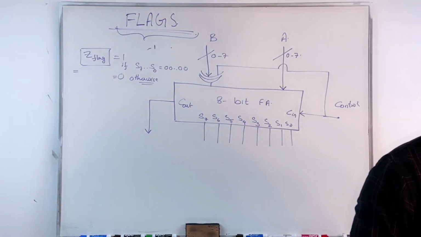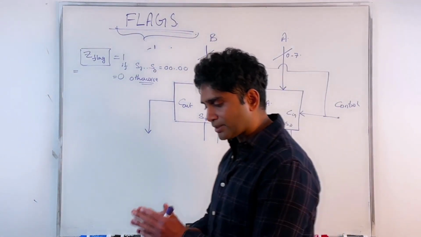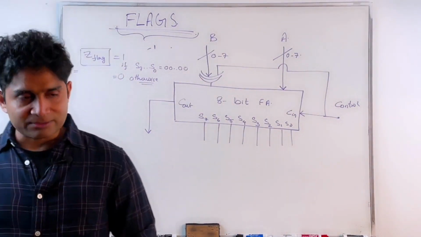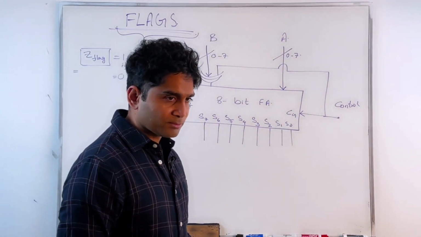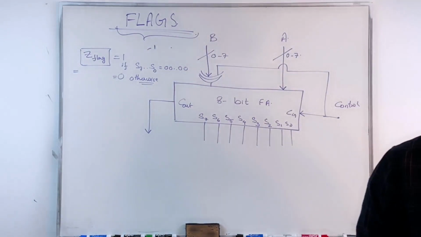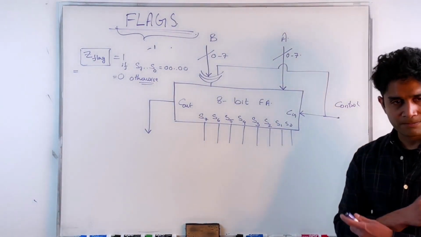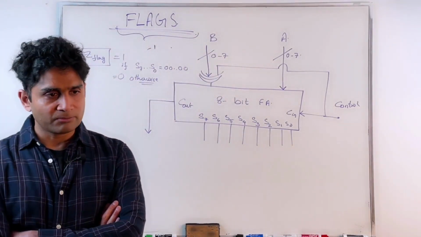Can you think about something that we could use so that I can have a single bit indicator that is set when all of those inputs are zeros, and is not set, or reset, otherwise? Think about it. I'll give you a few seconds.